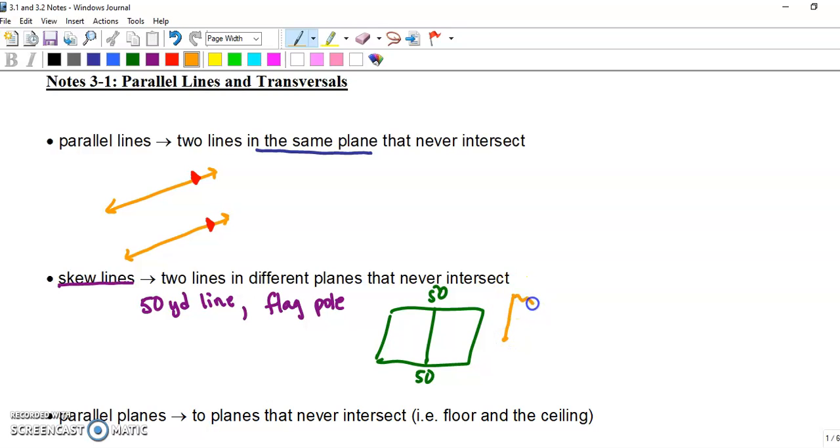So you've got your flagpole, and even if we could extend these on forever and ever, they wouldn't ever intersect. Okay, it's really hard to illustrate that on the screen like this. But just think about if they run side by side, that's parallel. If they would never intersect, but they're not running side by side, then that's called skew.